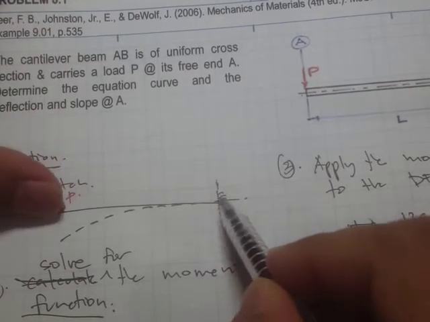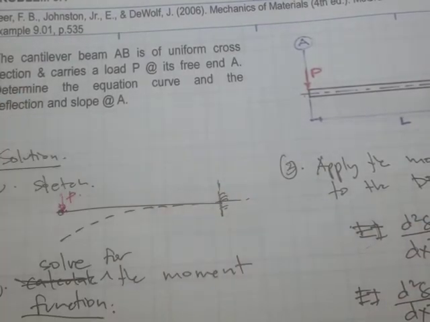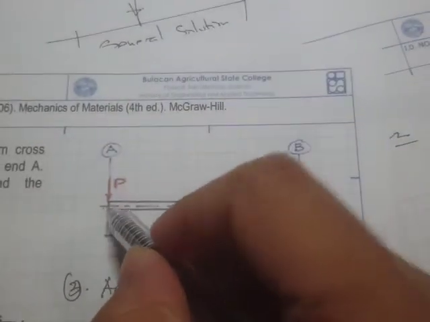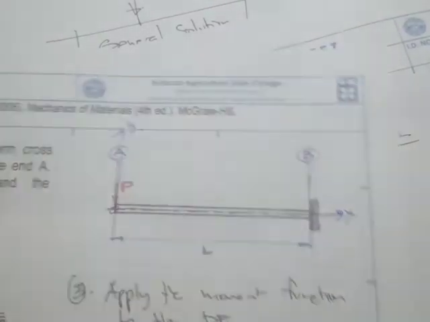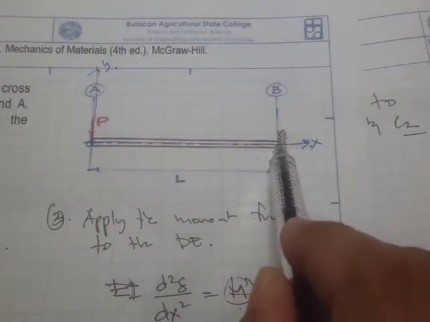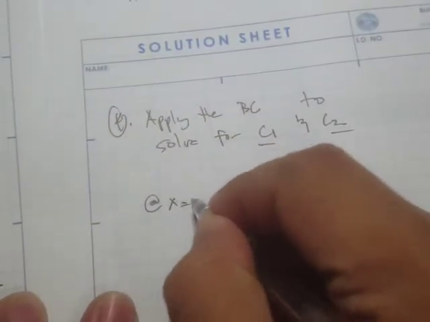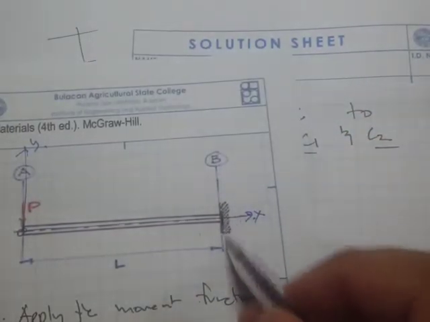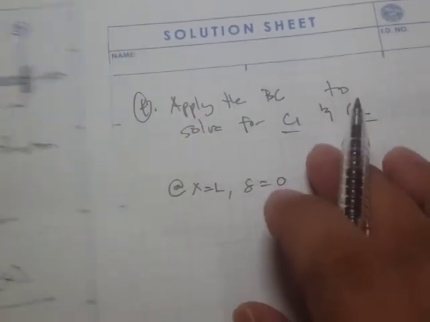So we have, let's say this is our 0 line, and here's going to be our x. At x equal to L, what's the deflection? At x equal to L, the deflection is 0 because there is a support reaction.